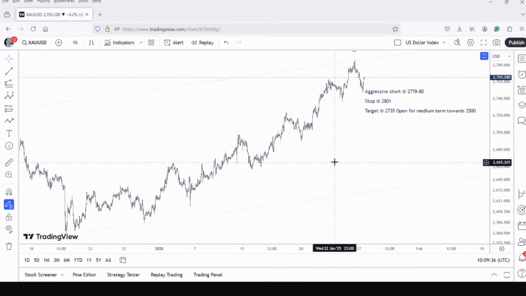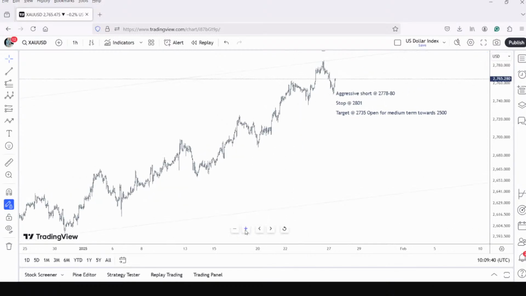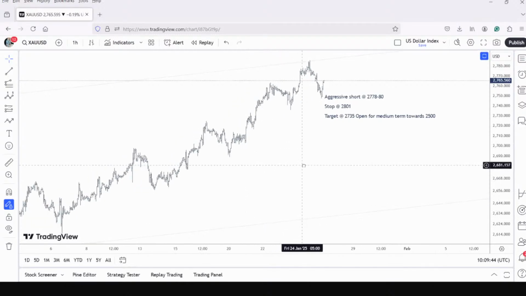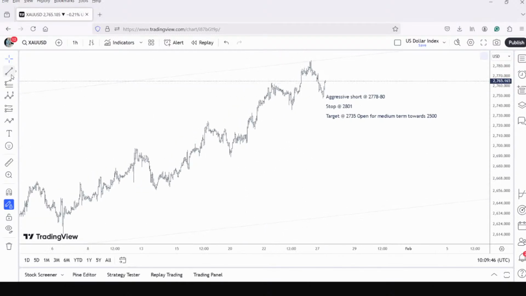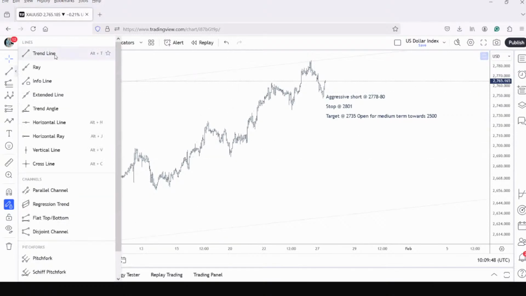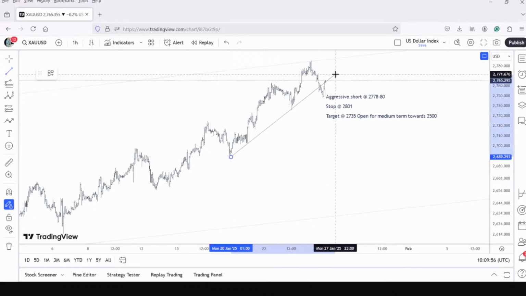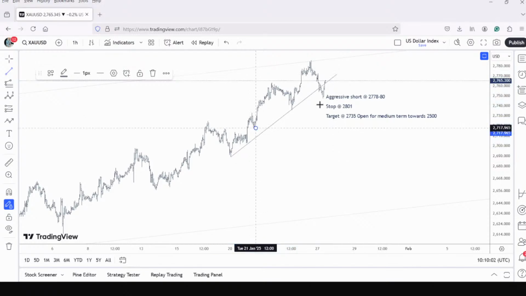Now, let's draw some short-term trend lines and see if prices are back testing those. One immediate trend line is being back tested right now. The other one just bounced through the trend line support. But these are short-term trend lines.